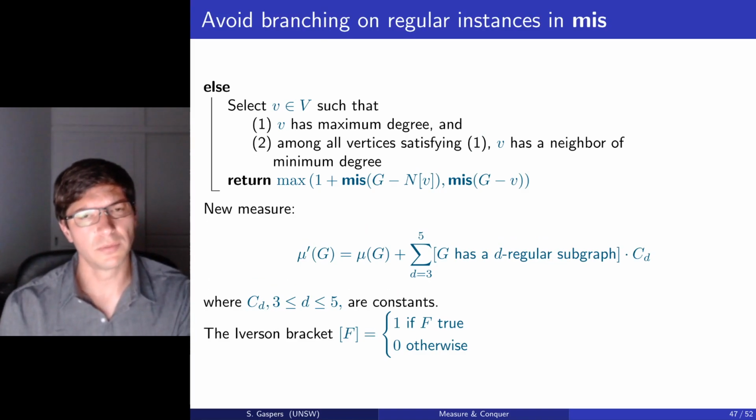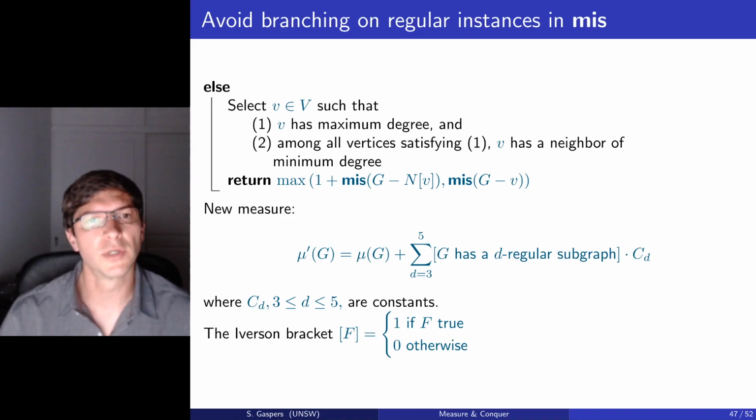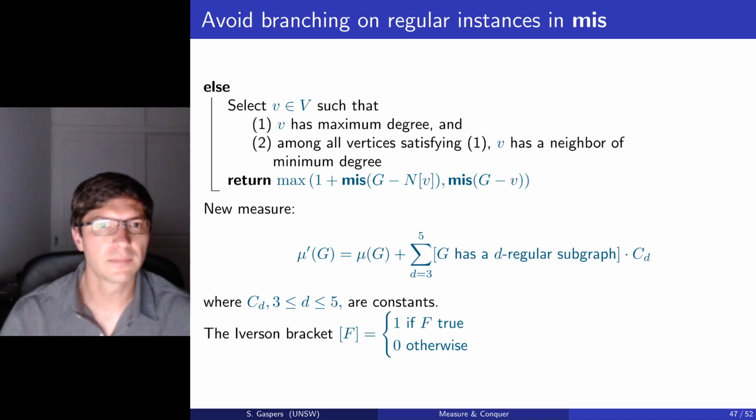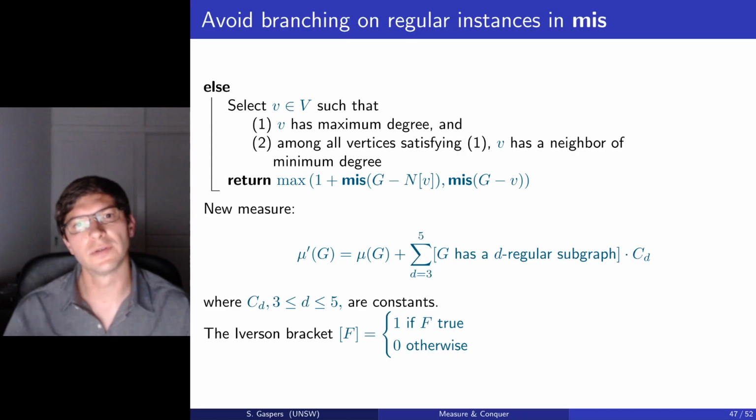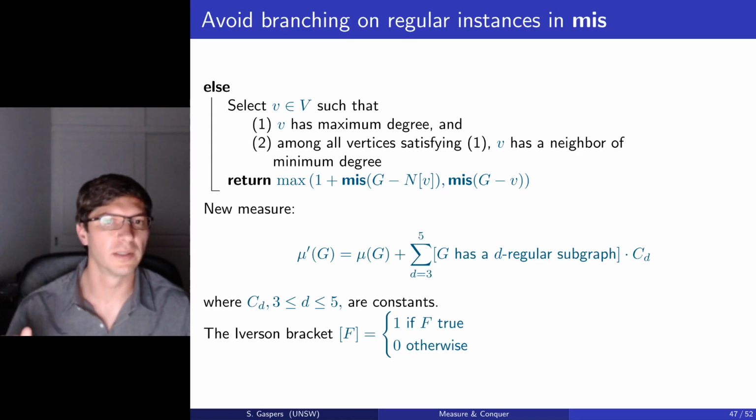Okay, so to make use of this, I will now modify my algorithm. Instead of just selecting a vertex with largest degree for my branching, I'll choose V such that V has largest degree, and among all vertices that have largest degree, I prefer to select a vertex V that has a neighbor of smallest degree, let's say.